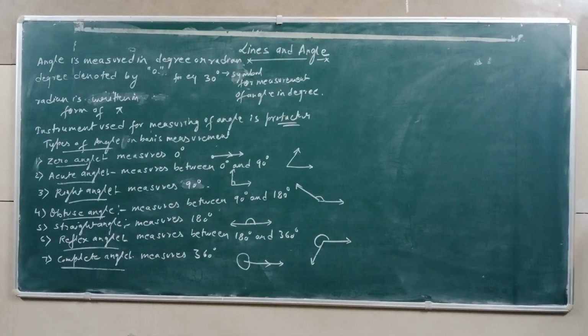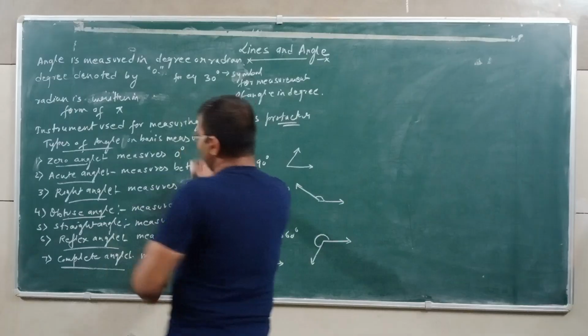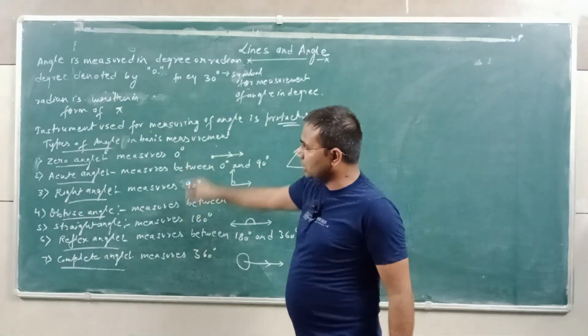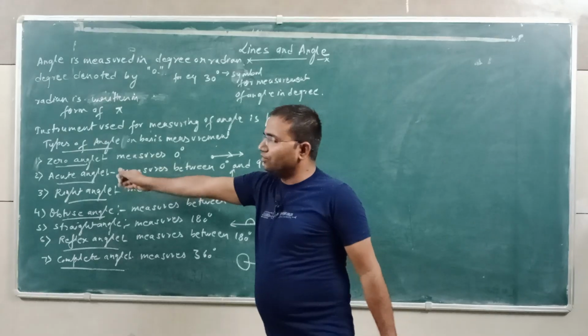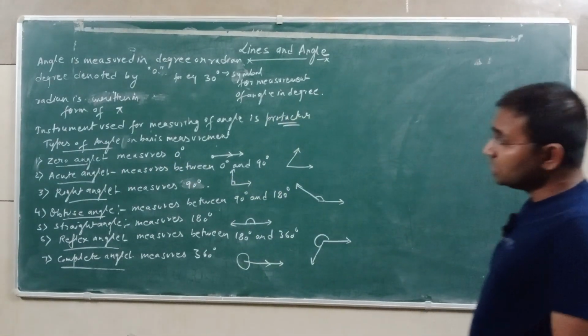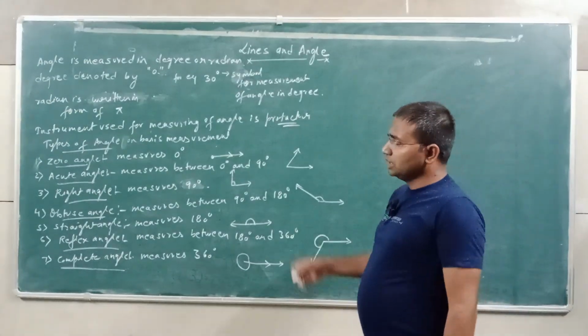So see here, the types of angle: zero angle, acute angle, right angle, obtuse angle, straight angle, reflex angle and complete angle, and the measurement of all the angles. If any measure is found in any of these, then that kind of angle it will be. Okay, I hope you have understood. These are basic things you have to keep in mind.